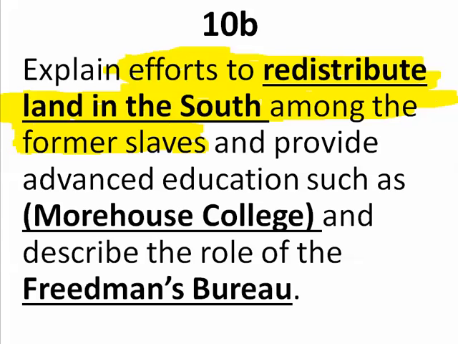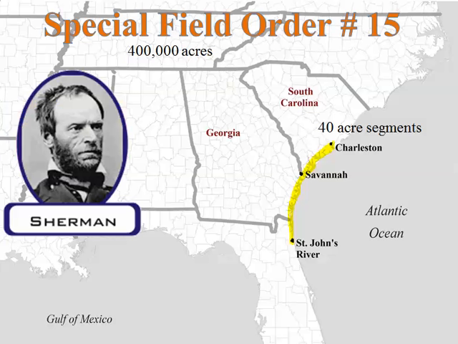The first time we see any redistribution of lands was during the war, near the end of it, when Sherman put his Special Field Order number 15 into action, in which he took 400,000 acres of land that had been confiscated from the South along the coast of the Atlantic Ocean, and redistributed that land in 40-acre segments to relocate slave families who were refugees from the South.